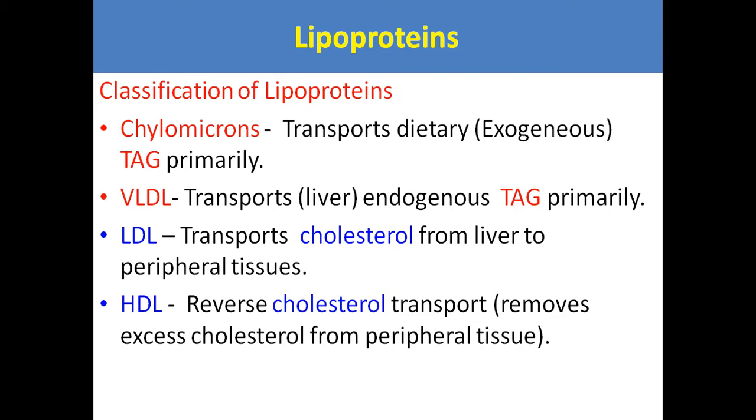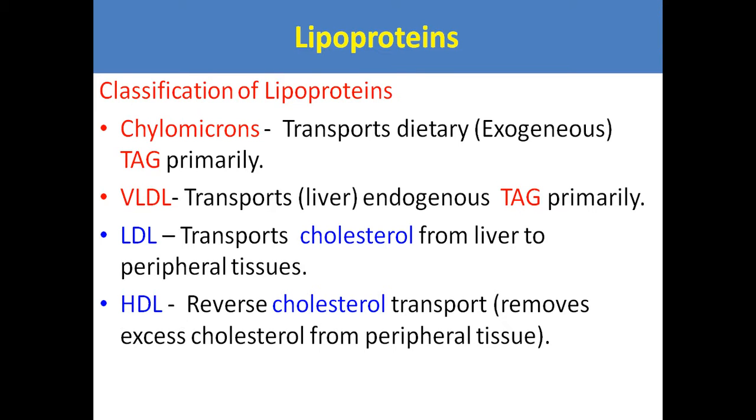Chylomicrons primarily transport exogenous dietary triacylglycerols. Exogenous means obtained through the diet. So those dietary lipids or triacylglycerols are transported by chylomicrons. VLDL, very low density lipoproteins, primarily transport endogenous triacylglycerols, and low density lipoprotein cholesterol transports cholesterol from the liver to the peripheral tissues.